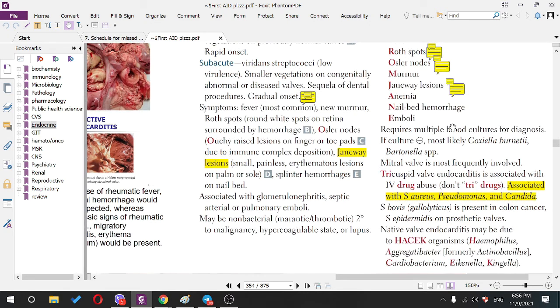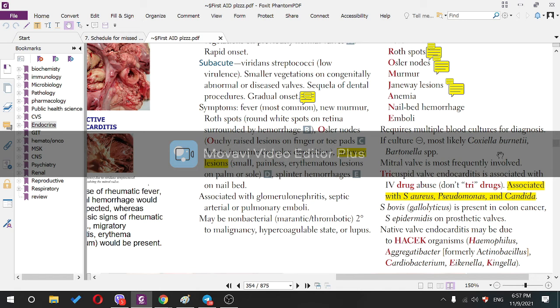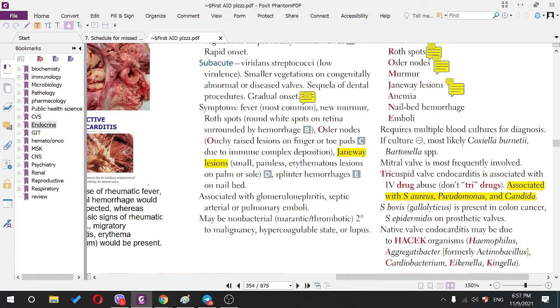So they require multiple blood cultures for diagnosis, and if the culture is negative, most likely it will be one of these culture negative endocarditis. Guys, just for your future, you must know that we diagnose endocarditis with two things: echo and the blood culture. You must see the vegetation or get a positive culture inside of the blood.